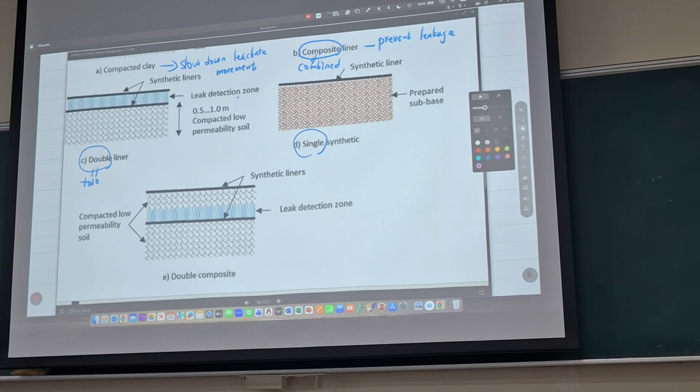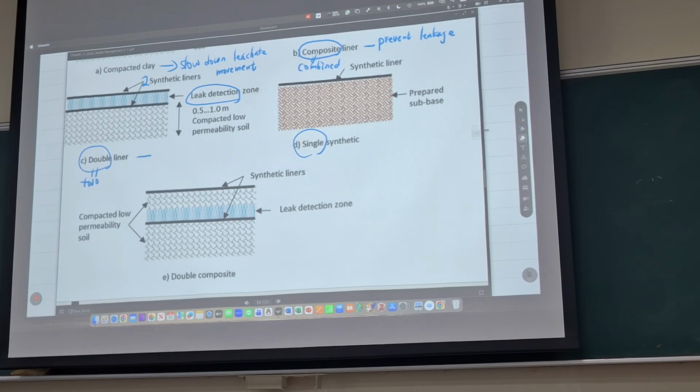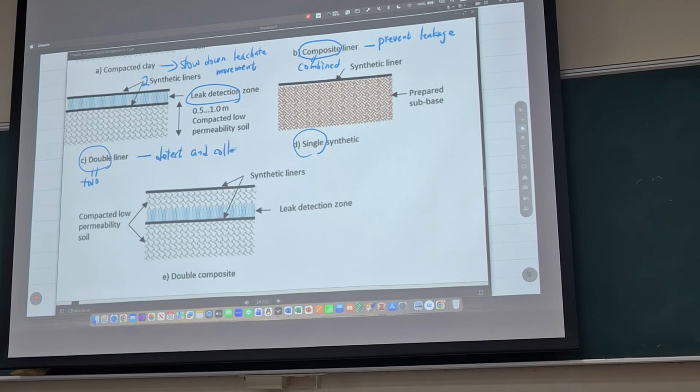You have two synthetic liners, but one with a leak detection zone. So the good thing for the double liner is you can do detections. You can detect and collect at the same time, right?